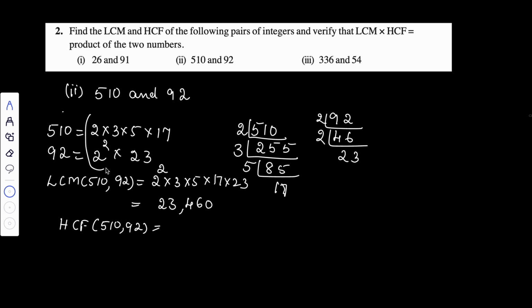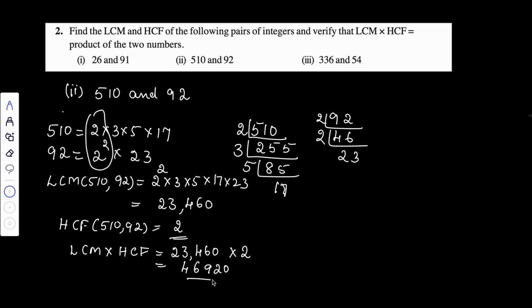Now we'll find the HCF of the numbers. That is out of common factor, which is having the lowest power, that is 2. Now we want to find out LCM into HCF. That is 23,460. We want to multiply by 2, so that we are getting here 46,920.